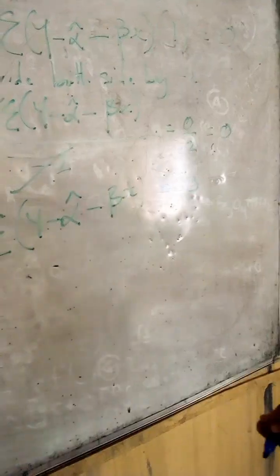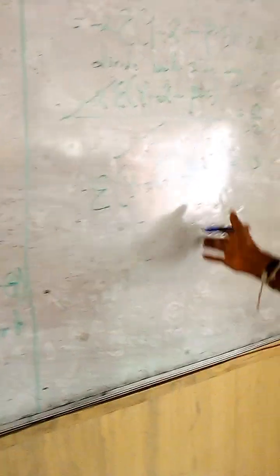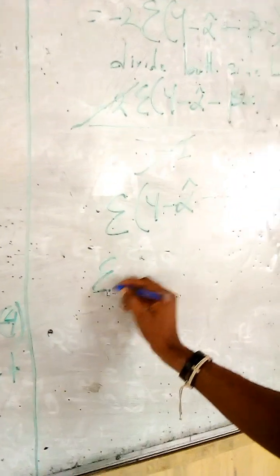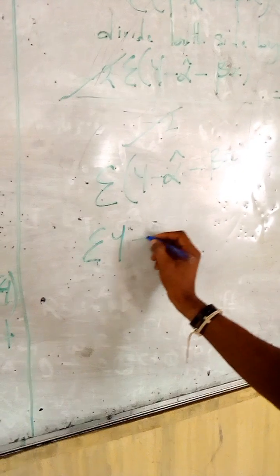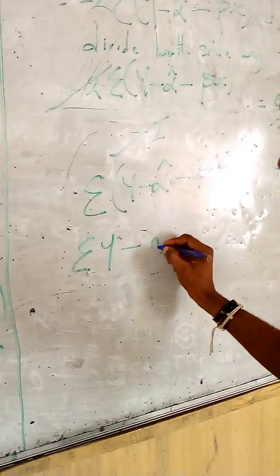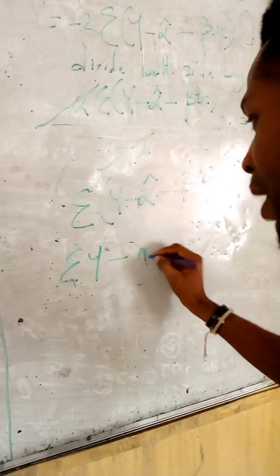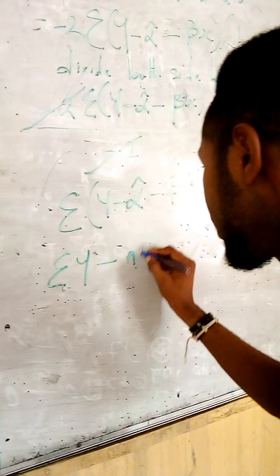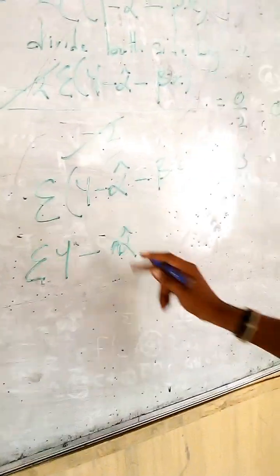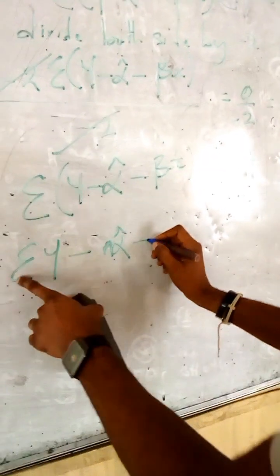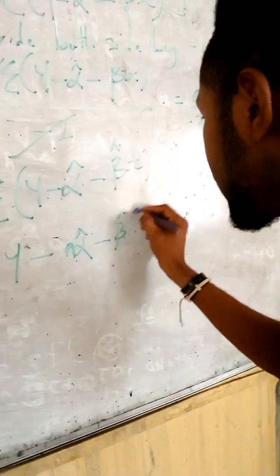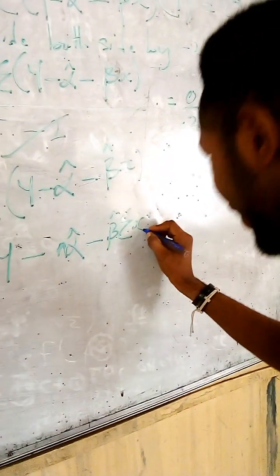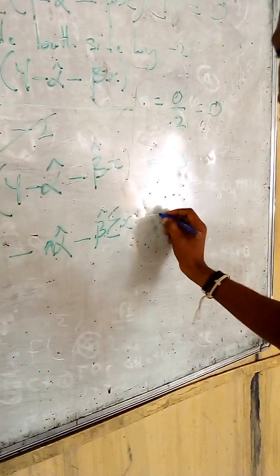Now the next thing you do now is to expand your bracket. Let's expand it. By the time we expand it, we have summation y minus, this automatically becomes n, that is simple, we call it normal simple, into alpha cap minus, then you now bring this into this place, becomes beta cap, then the summation of x, we just try to expand it, equals 0.